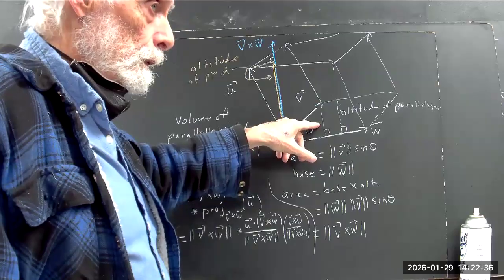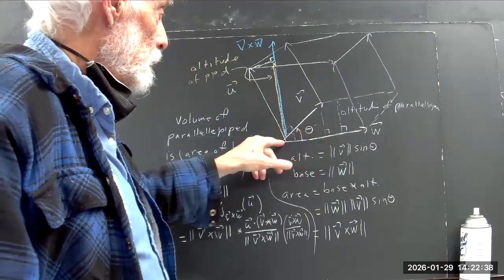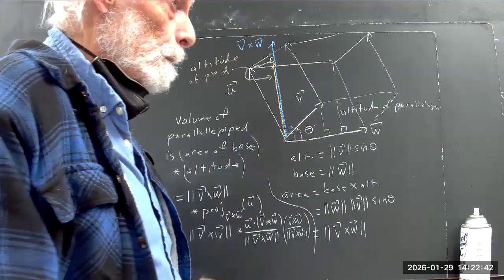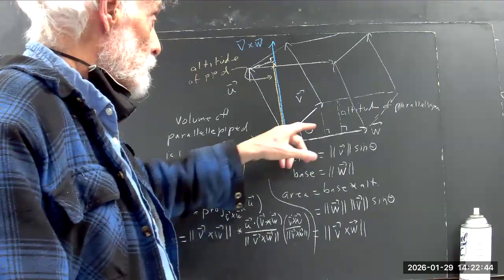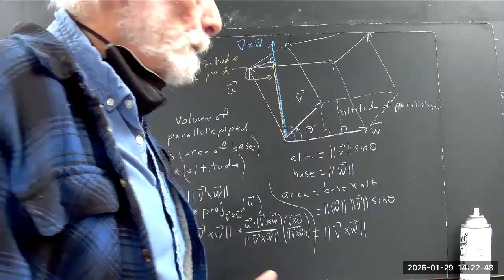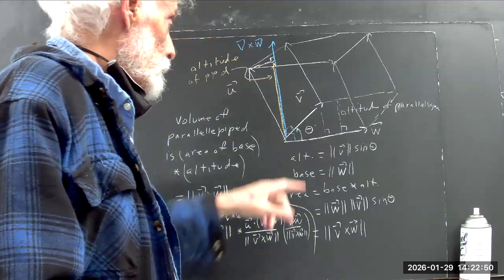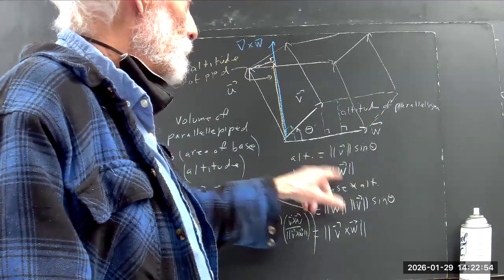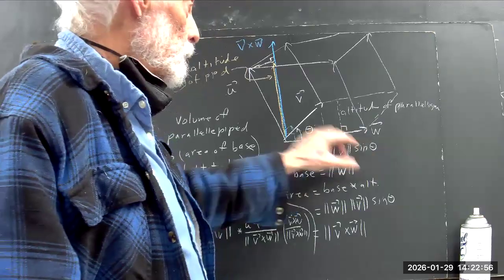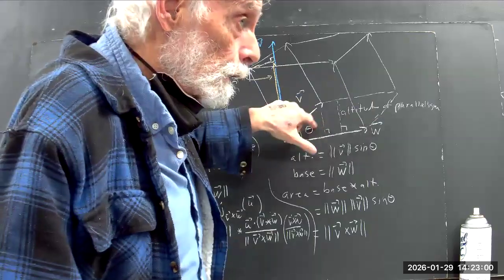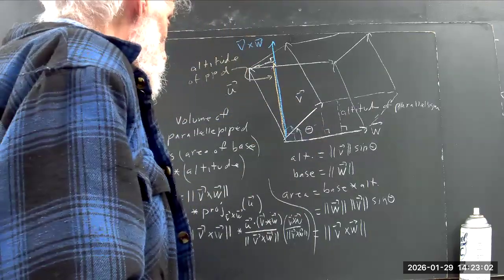This altitude is just the opposite side of a triangle formed by the v vector and part of the w vector. So this altitude is magnitude of v times the sine of theta. The base is magnitude of w. So I multiply this distance by this distance, I get the area of this parallelogram.